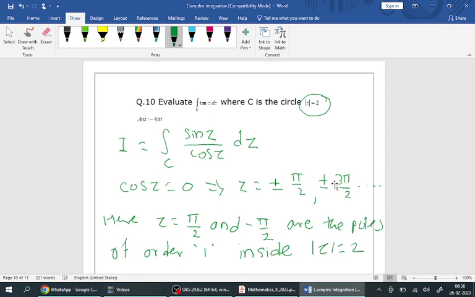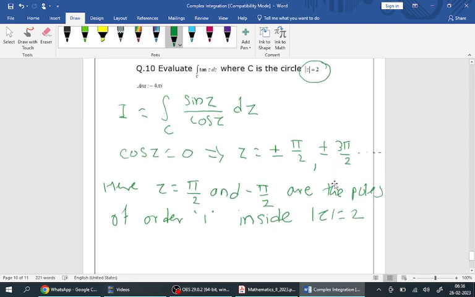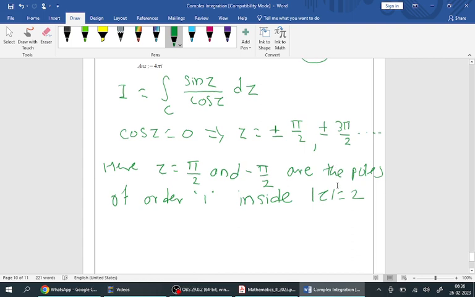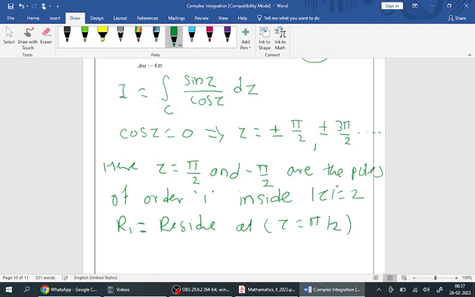So obviously we should remove that cos z factor. If we take sine pi by 2, okay, let me take r1 as the residue at z equal to pi by 2. We should cancel out that factor.